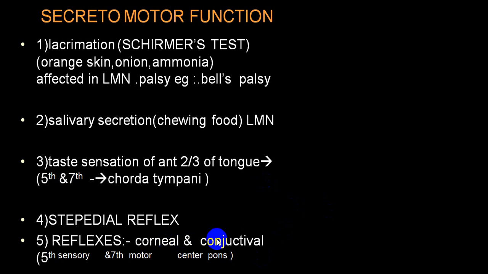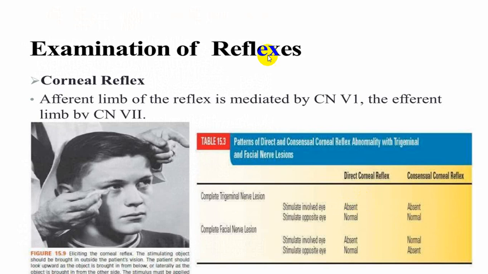That will be the corneal and conjunctival reflexes, which we have already discussed in detail in the fifth cranial nerve. So corneal and conjunctival reflex, sensory pathway fifth, motor pathway seventh. So afferent fifth and efferent seventh.